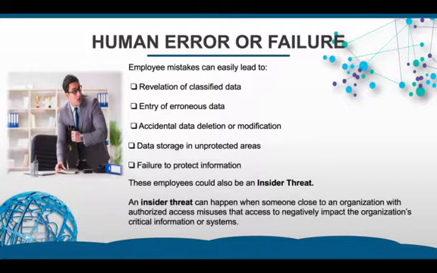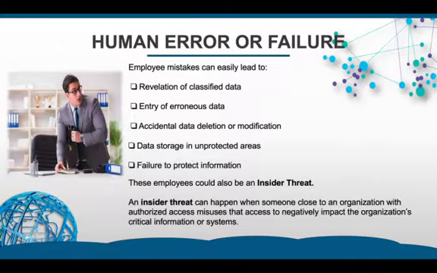For insider threats, just like I said, sometimes we have whistleblowers within the company who disclose confidential and classified information to people outside the organization, mostly to the media. For instance, we heard about Edward Snowden, who is a whistleblower. He actually worked at the NSA.